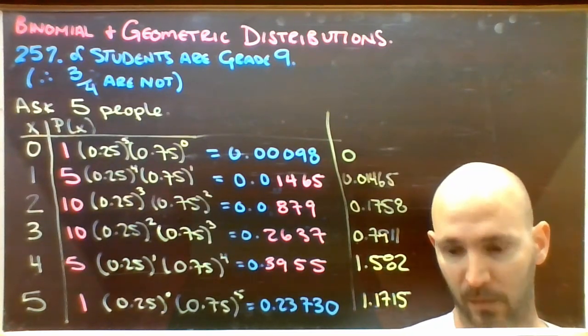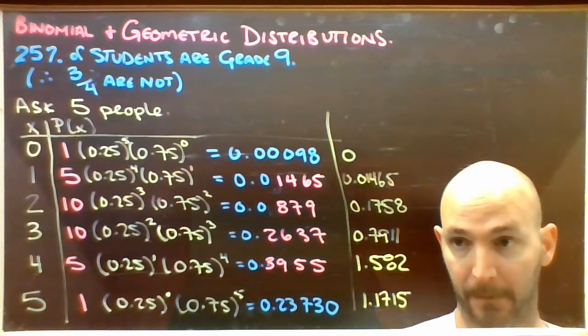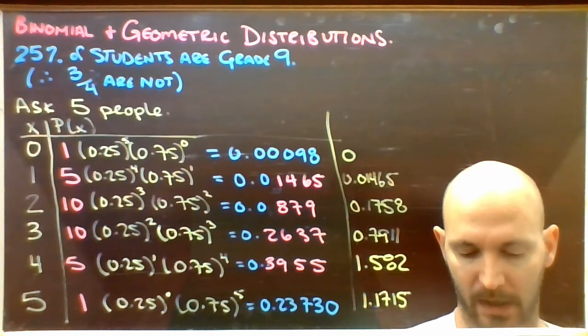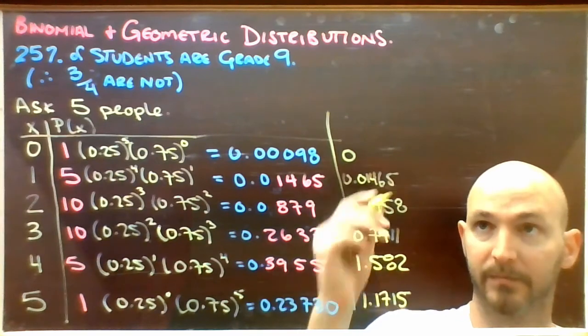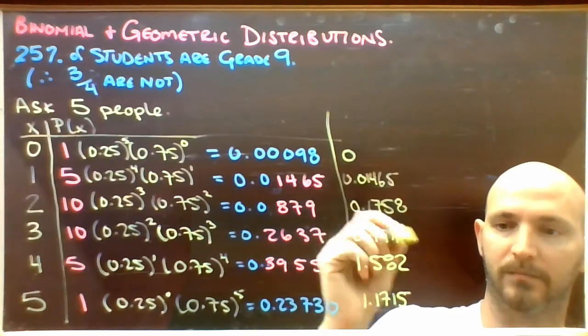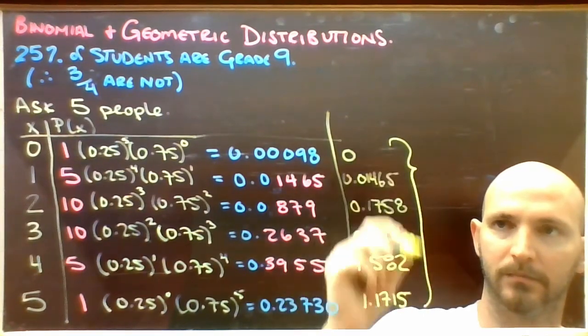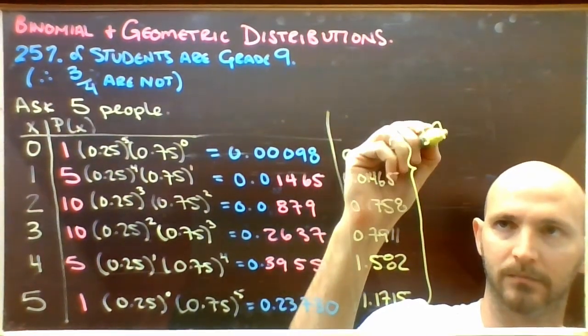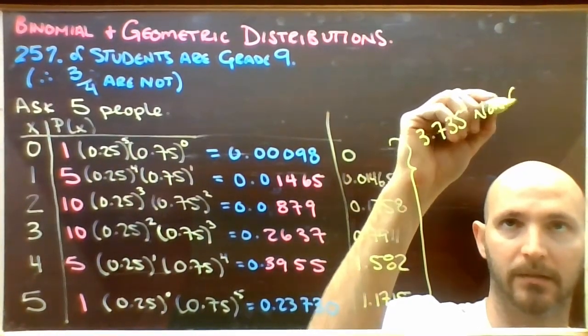So 1.1715 plus 1.582 plus 0.7911 plus 0.1758 plus 0.01465 gives me 3.735. Non-grade 9s.